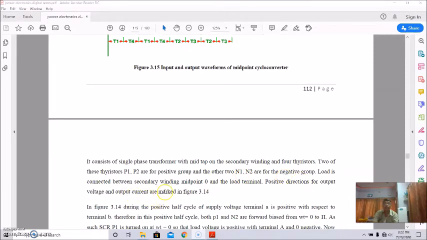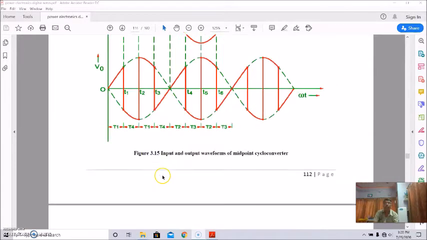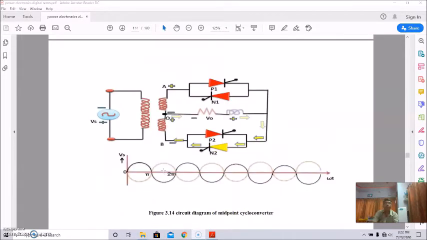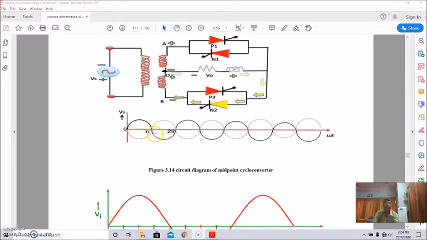The load is connected between the secondary winding midpoint, the zero, and the load terminals, and the positive direction for output voltage and output current are marked in this figure. This is positive current. This is negative. Okay. So basically, this is the case. Clear?